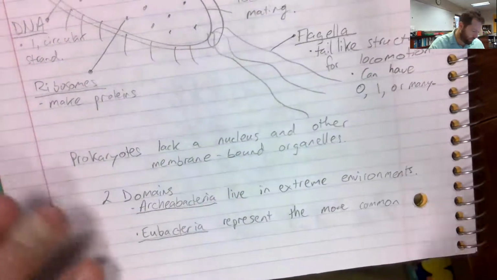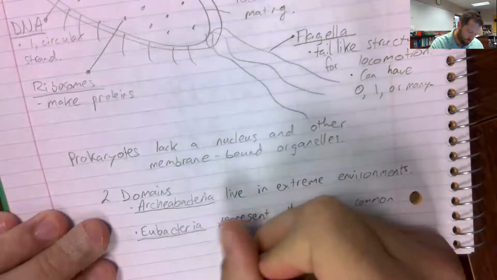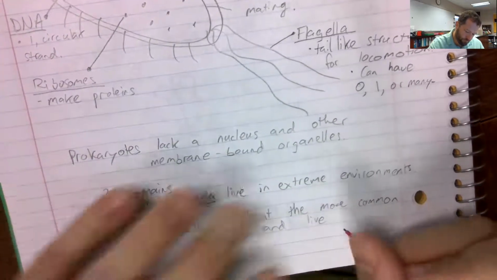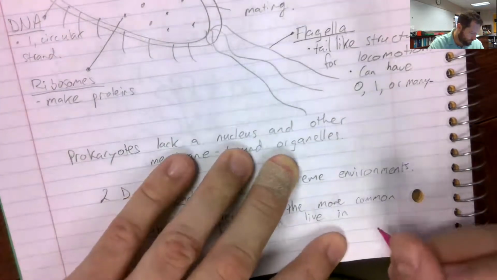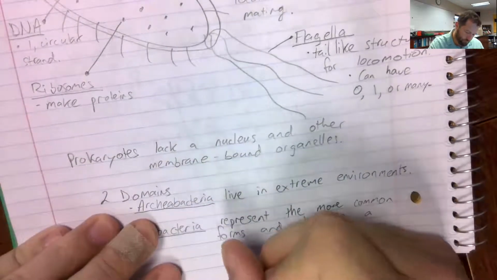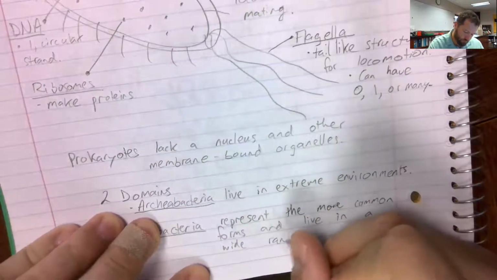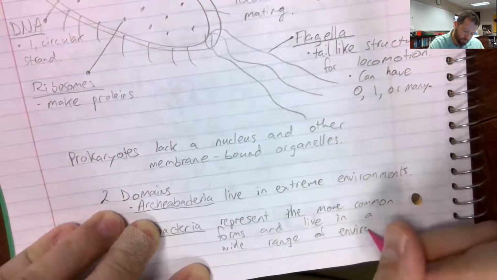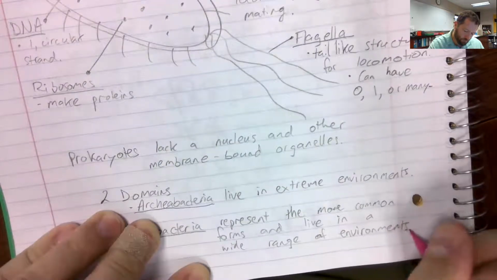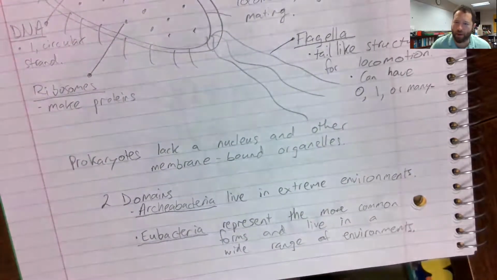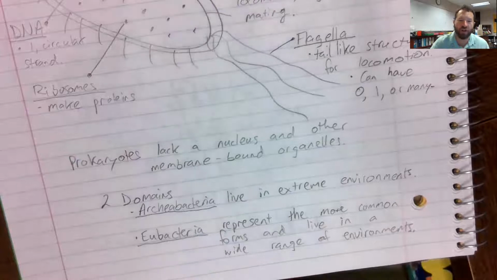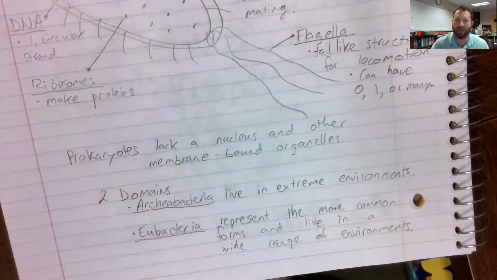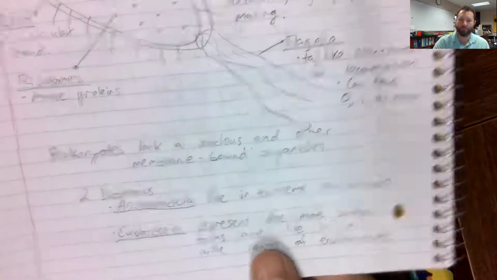Run out of room on the paper here. So eubacteria are the ones you're probably more familiar with today. They're the ones that kind of live where we live and really share the world with us.